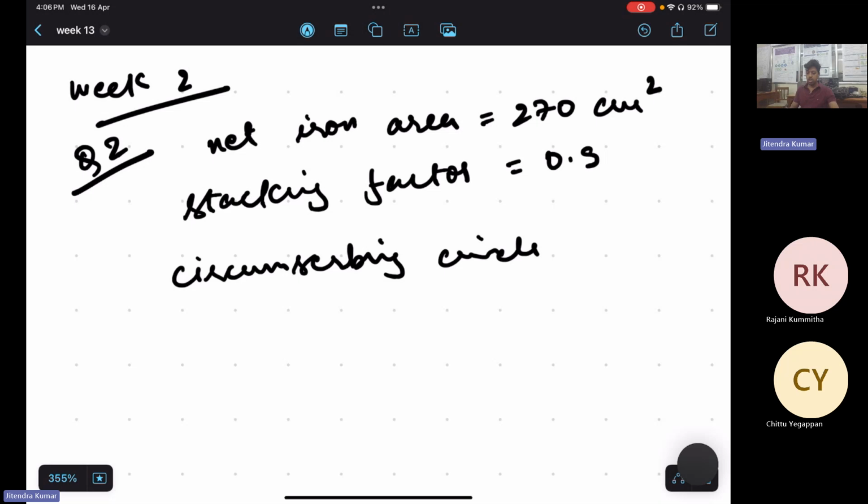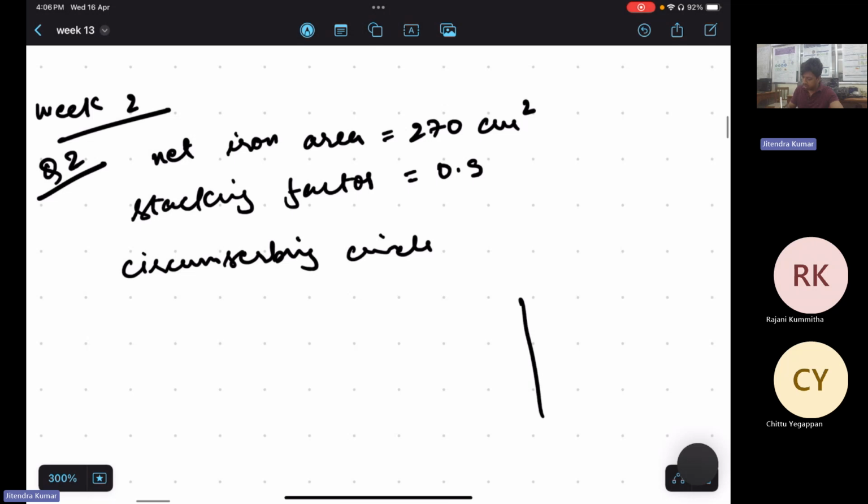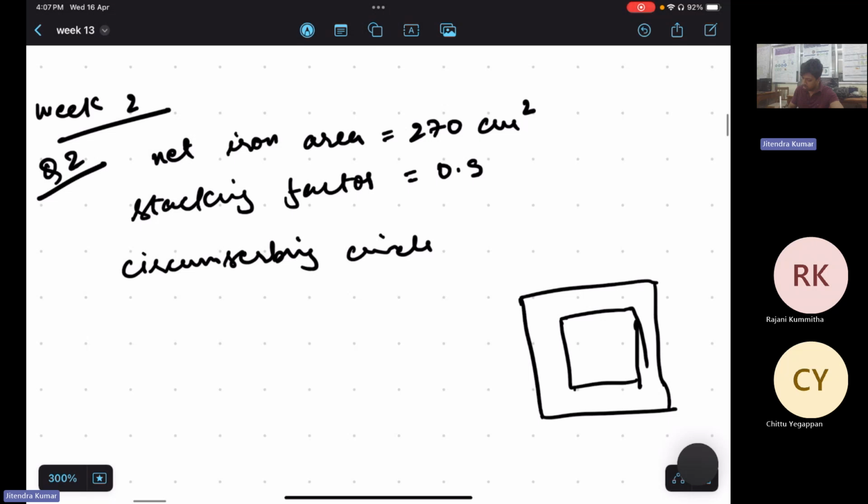Now, let's suppose we have a transformer core like this. So what should be the circumscribing area?